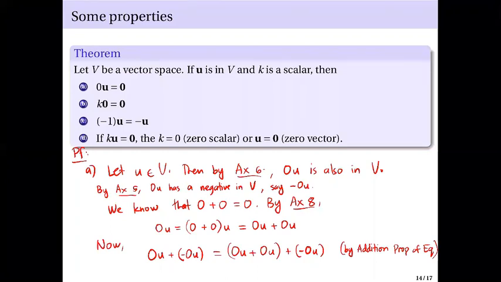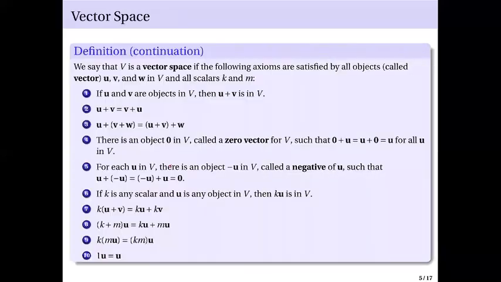And then, on the right-hand side, we will apply axiom number 3, the associative property.